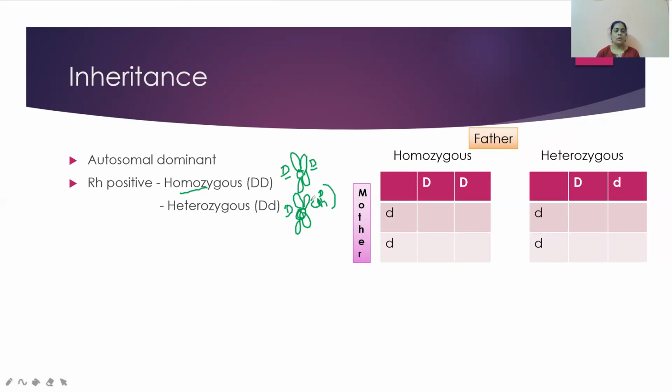Homozygous individuals have two genes on both arms; in heterozygous, one arm has it and the other does not. For representation, we put it as small d.